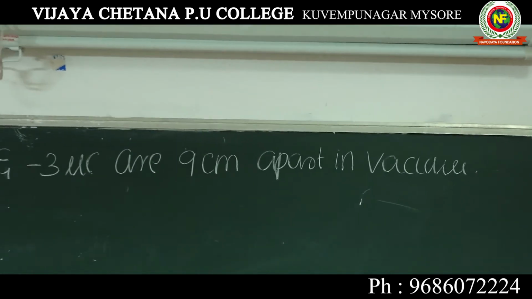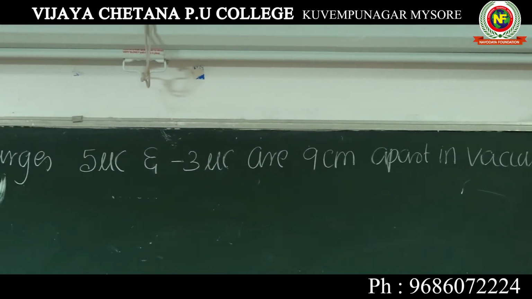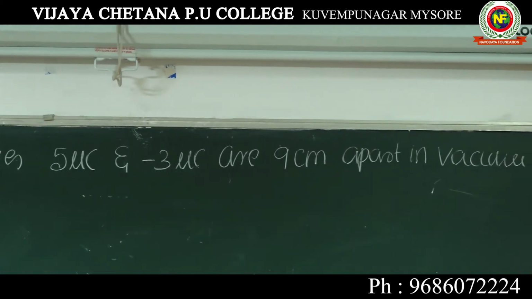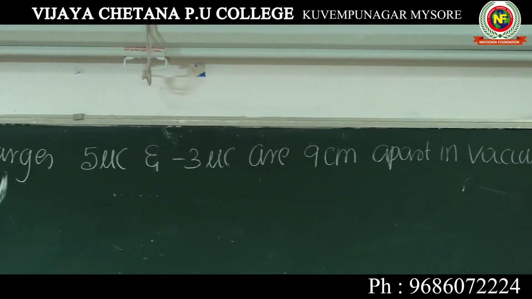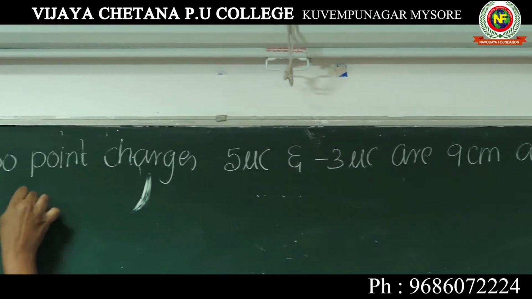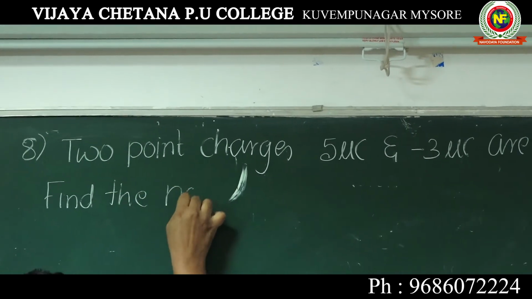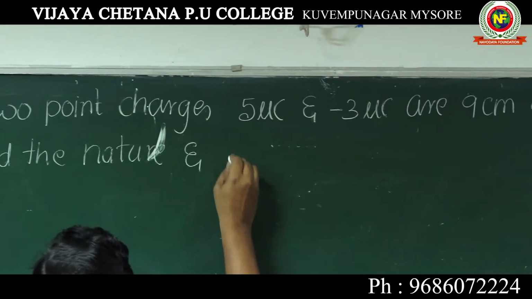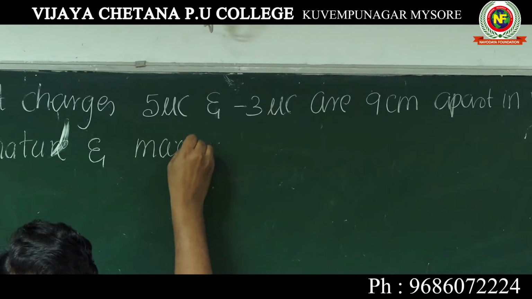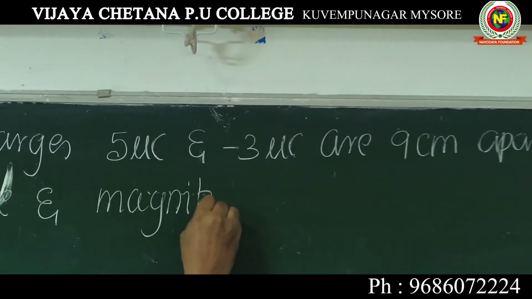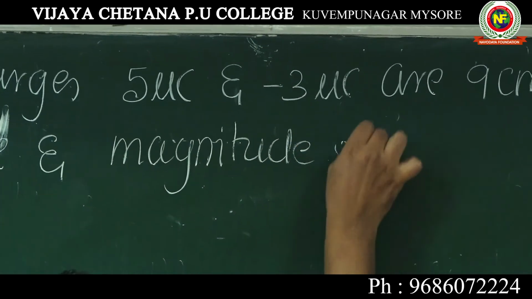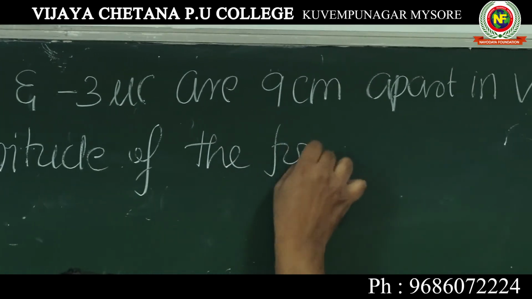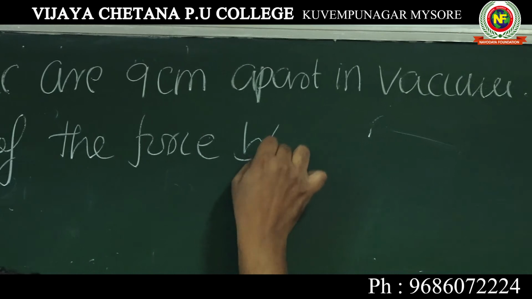Two point charges, 5 microcoulomb and minus 3 microcoulomb, are 9 centimeters apart in vacuum. Find the nature and magnitude of the force between them.